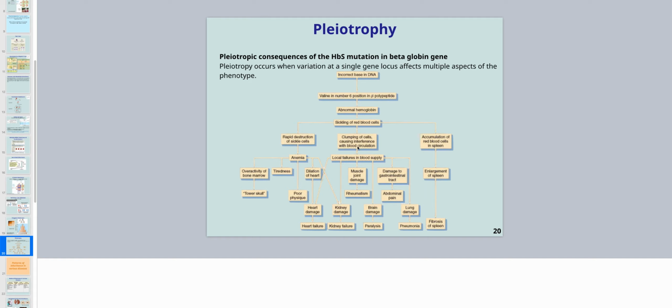It can cause sickling of the red blood cells, and that can, in the long term, manifest as poor physique, musculoskeletal abnormality, or heart failure. As you can see, this single mutation in a single gene can lead to a wide range of symptoms. So this is pleiotropy.